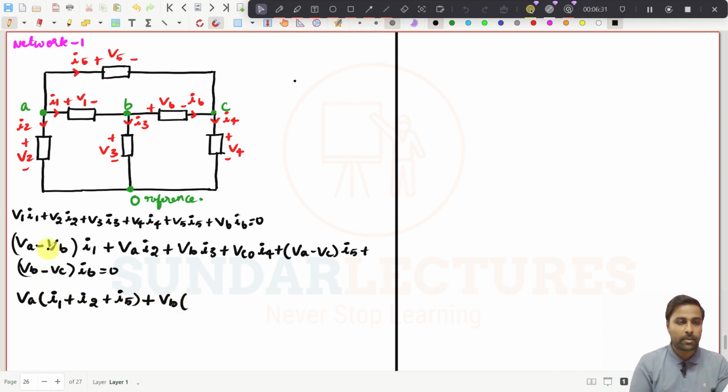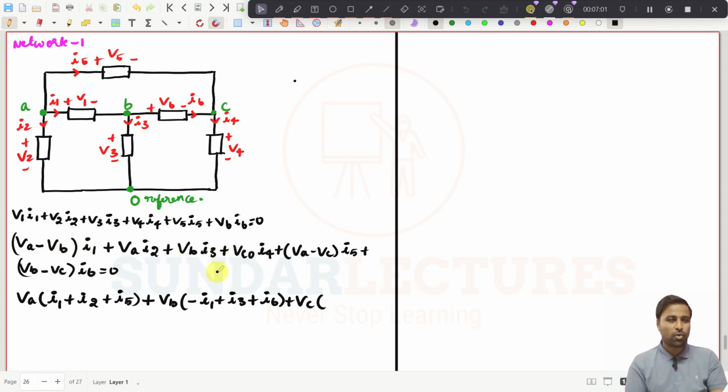Now try to get the VB terms. In this there is a VB term, and that is minus I1. Then another VB term is multiplied by I3, so plus I3, and then it is I6, so plus I6. Then try to get the VC terms. Here it is I4, and here is a VC with minus I5, and here is another one, minus I6.